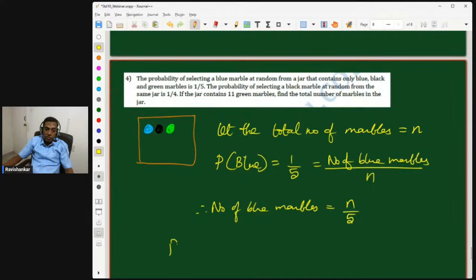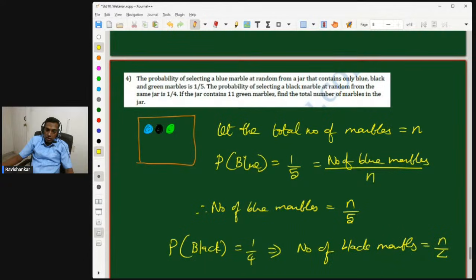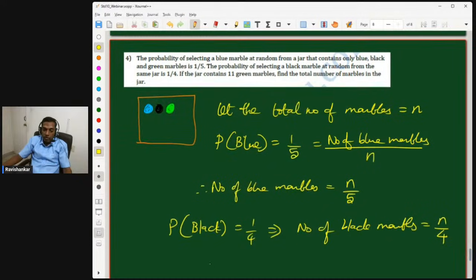Now similarly, P of black is equal to 1 by 4. 1 by 4 is equal to number of black marbles by n. So number of black marbles is n by 4.